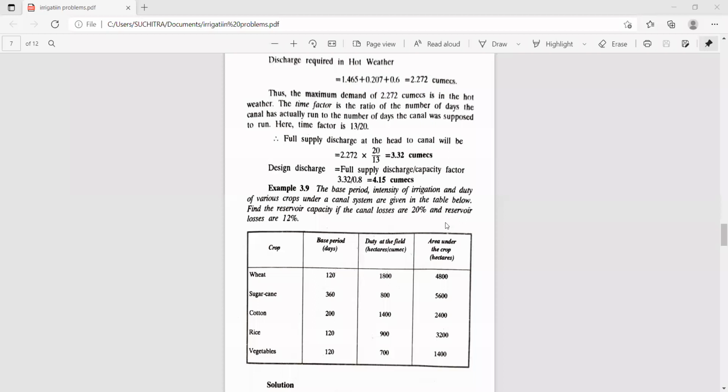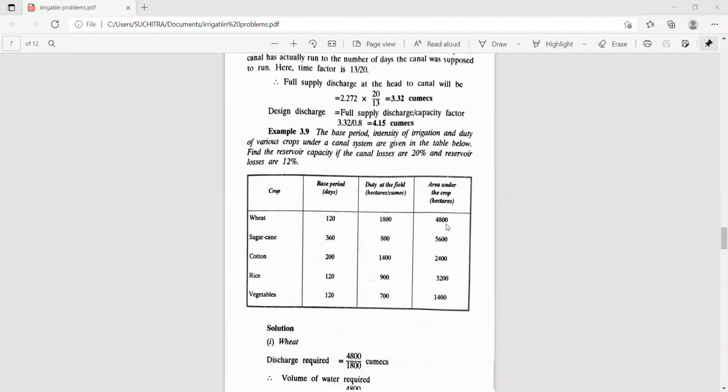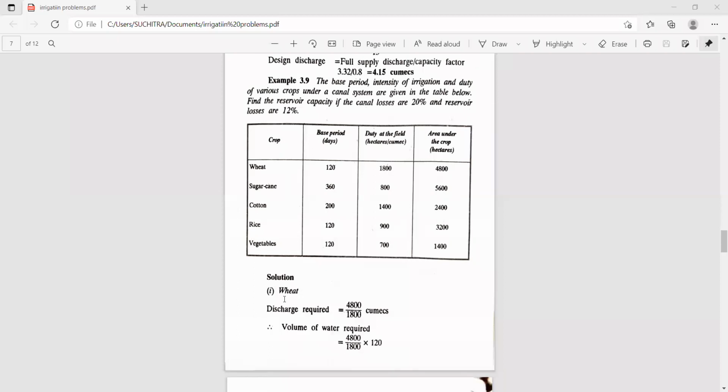Now first we shall calculate the volume of water required for each crop, one by one. For the wheat crop, what is the discharge required? Discharge is nothing but the area under the crop divided by the corresponding duty, so you get the discharge in cumecs.